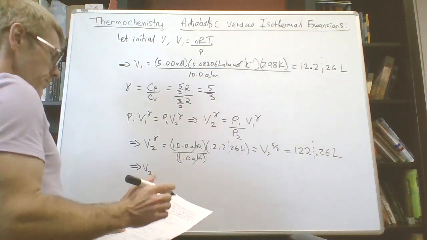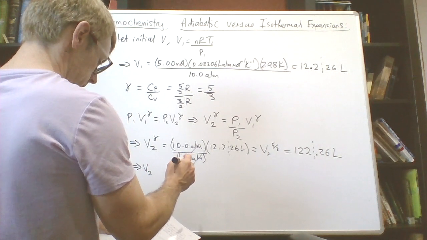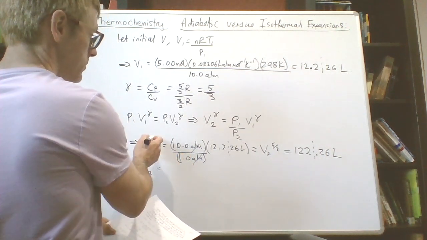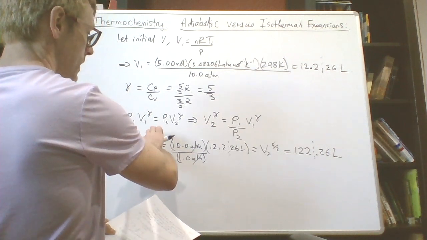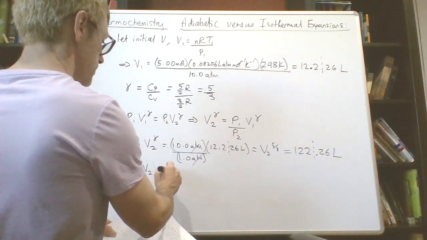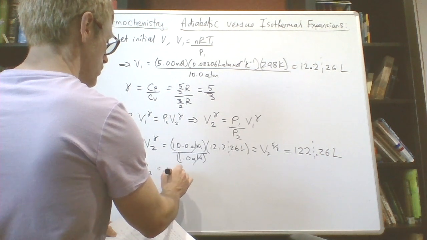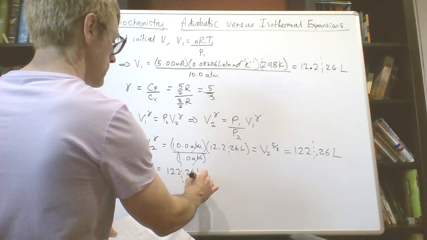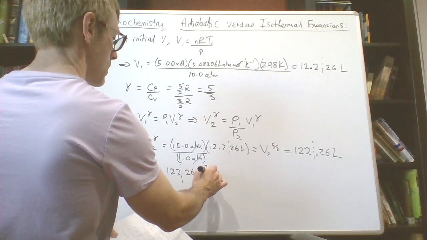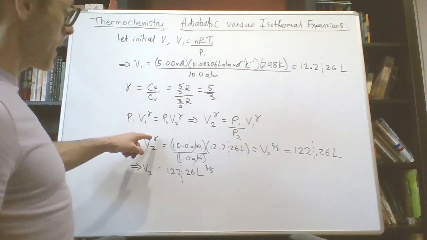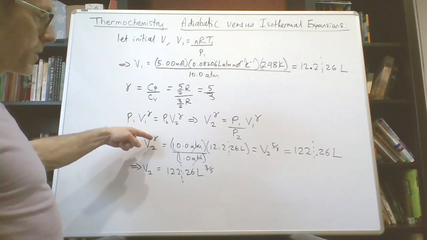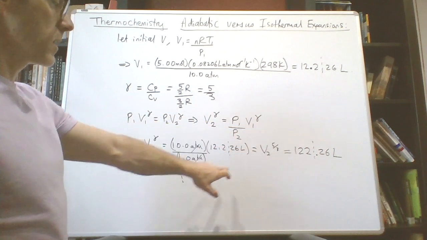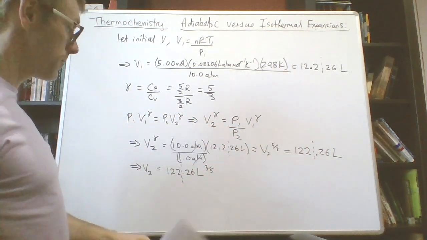Okay. So I know that V2 is just equal to, well, I need to take the gamma over to the other side. So this is 122.26 liter. To undo the gamma, I've got to take inverse gamma of both sides. So I just flip what gamma means. So instead of 5/3, take it to the 3/5.